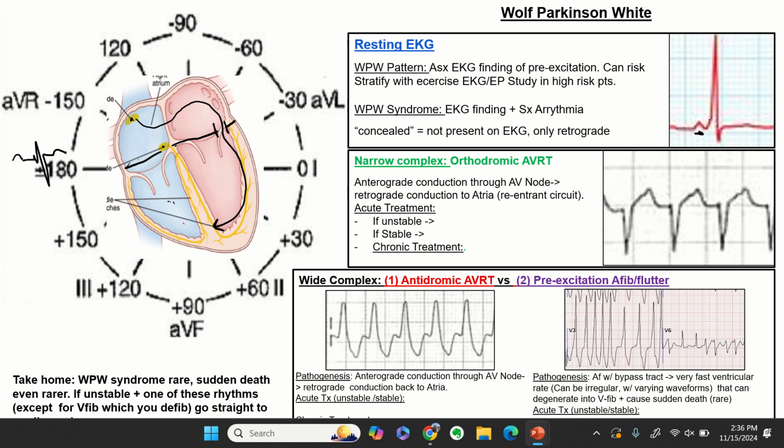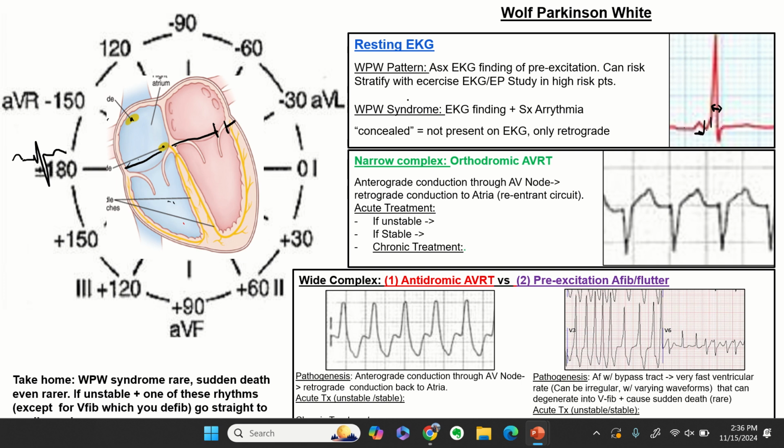You have that slurring because you don't have that AV delay, and then you have a wider QRS complex because you have loss of normal His-Purkinje system efficient conduction in your ventricles.